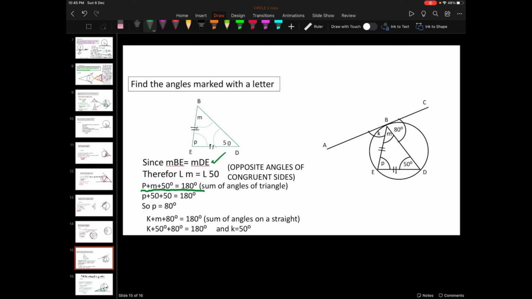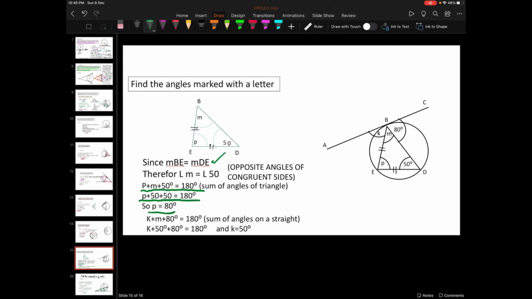But the value of M is 50 degree. So substitute it in the equation. We have P plus 50 plus 50 is equal to 180 degree. Or P is equal to 180 degree minus 100 degree. Hence P is equal to 80 degree.